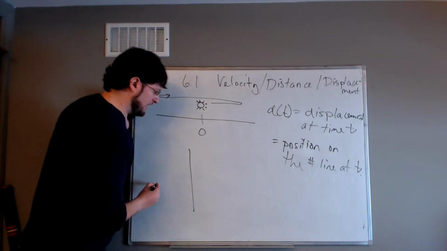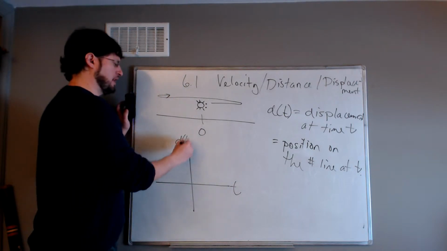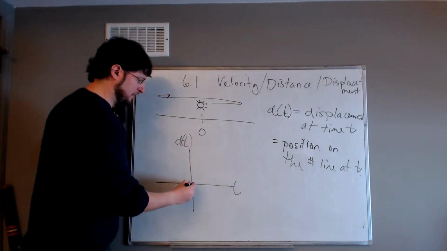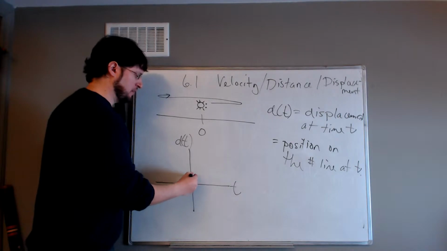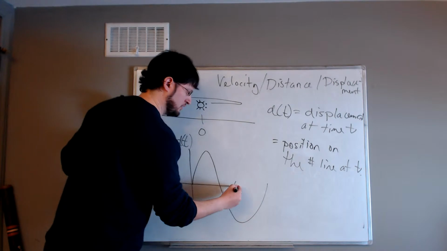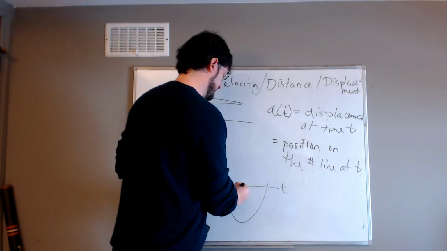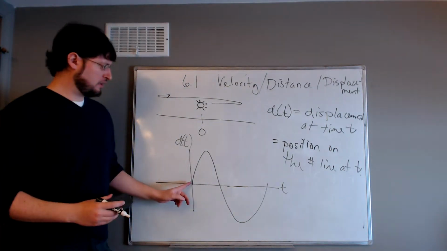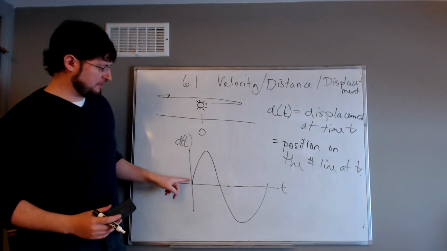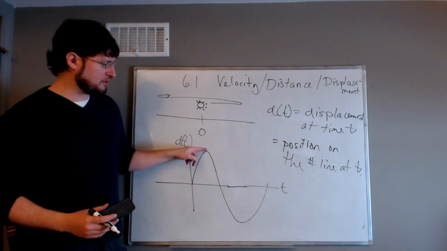So suppose that I had a graph that looked like this, time t, displacement at time t. If my graph looks like this, what does this actually mean as far as what my bug is doing? Right, so what this means is that the bug moved to the right for a little bit, and then it stopped, and it turned around, and its displacement started getting smaller.